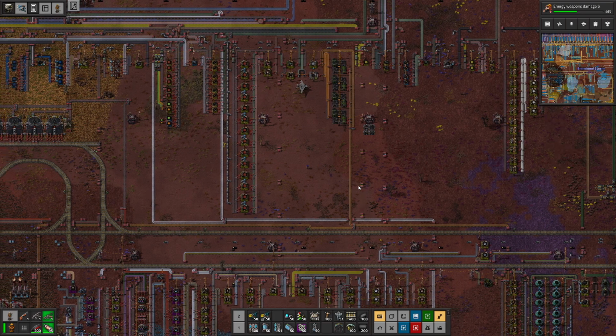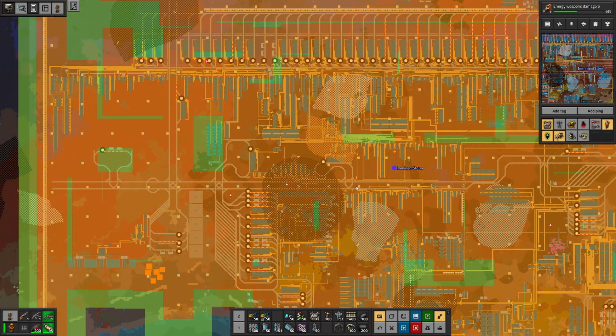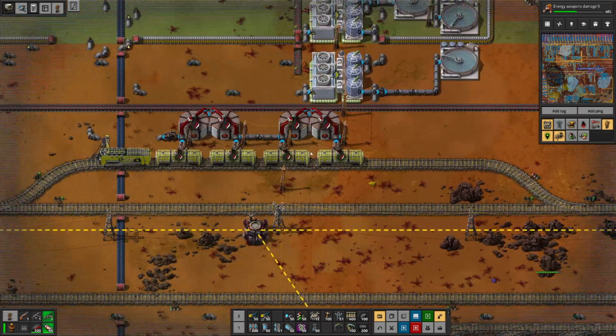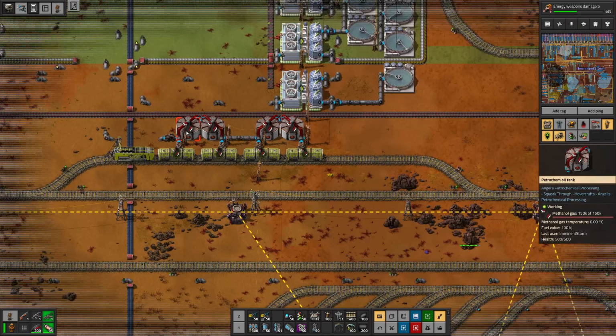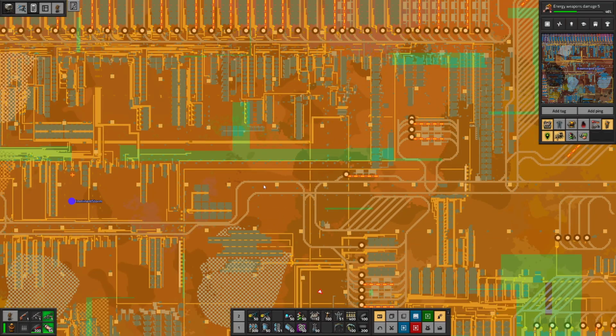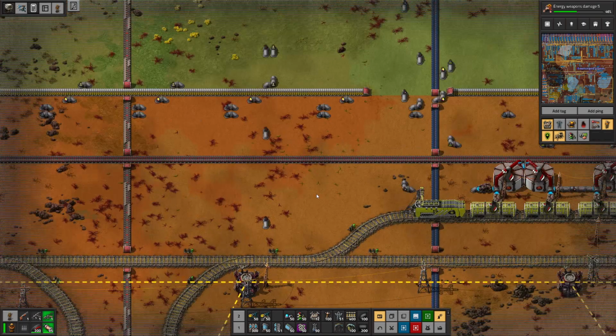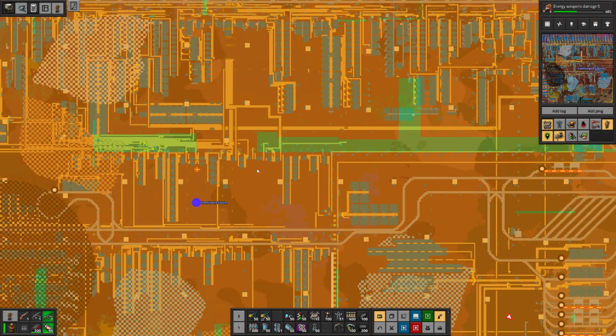Okay. I think that's methanol gas. Do I have a source of ethanol anywhere?